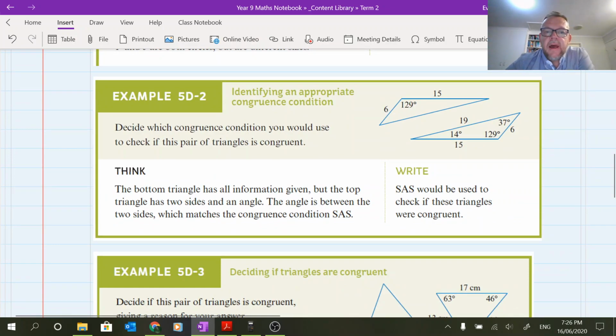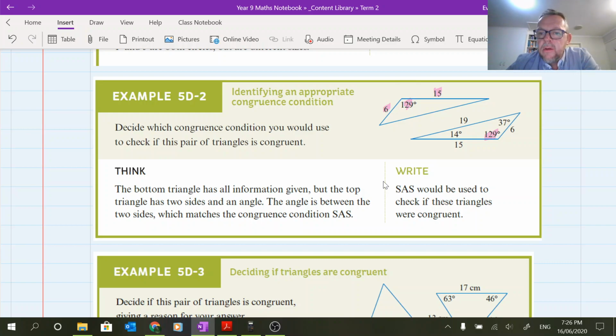Now let's consider our triangle tests. So we've got a congruence condition that you would check to see if the pair of triangles is congruent. And I can see 2 triangles here, but I can see only 3 details. On here I can see a side and an angle. So, do I check those corresponding angles? Is there an angle with 129 degrees? There is.